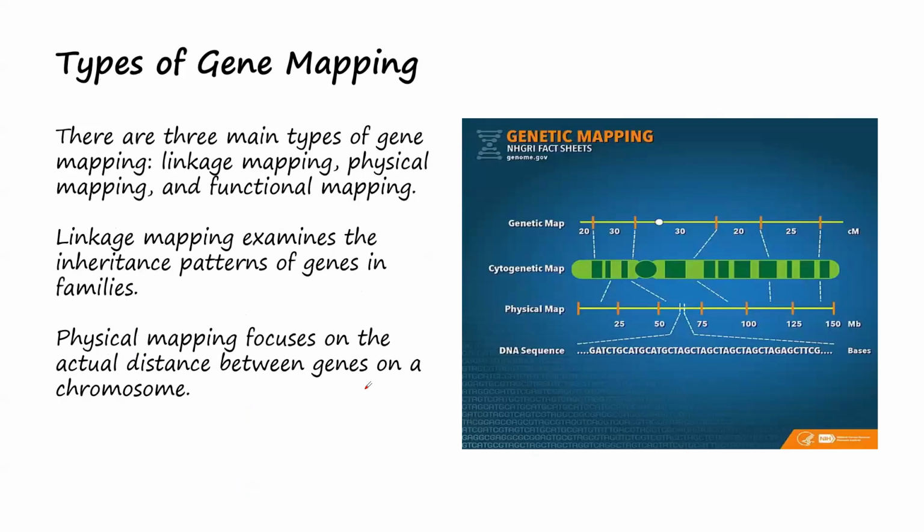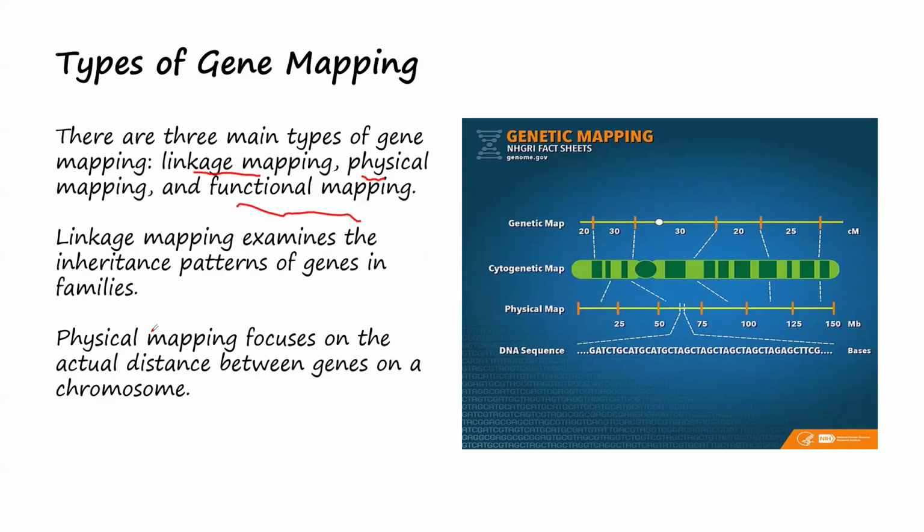So the next thing that we are going to look at is the different types of gene mapping. Ladies and gentlemen, there are three main types of gene mapping: linkage mapping, physical mapping, and functional mapping. Linkage mapping examines the inheritance patterns of genes in families.